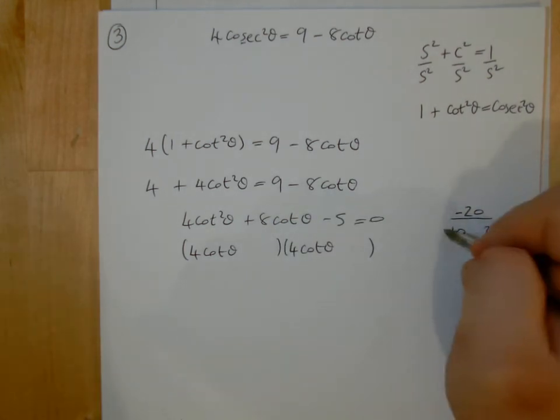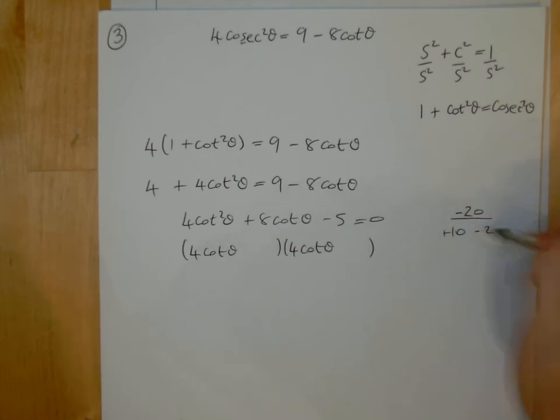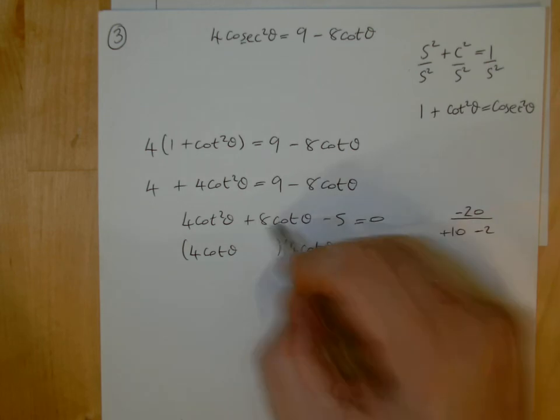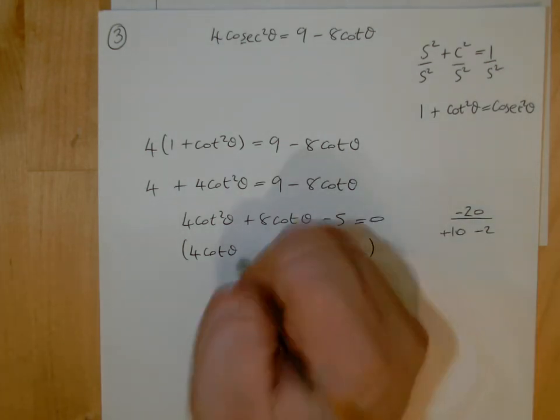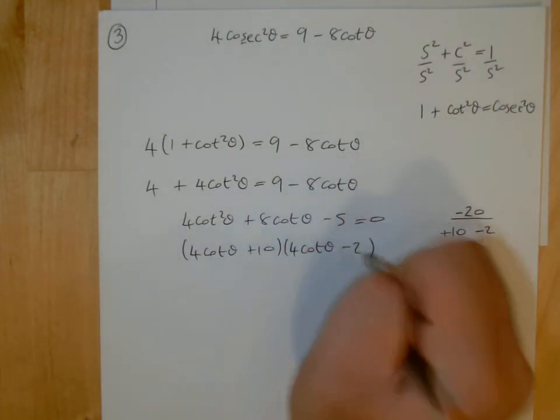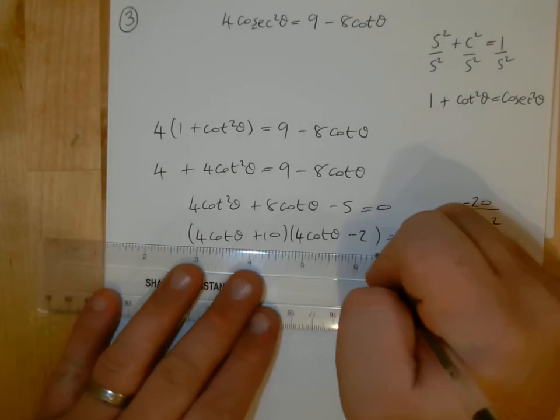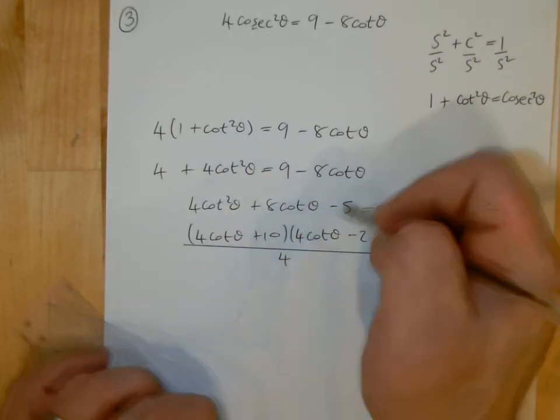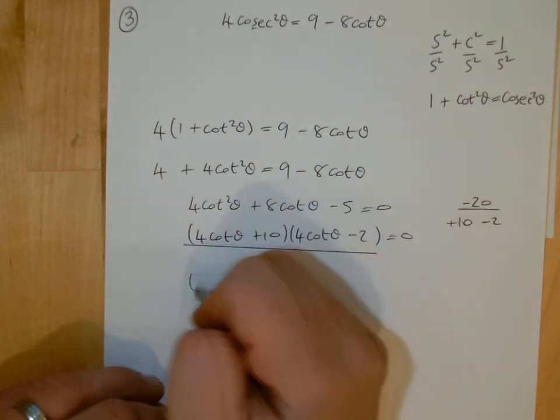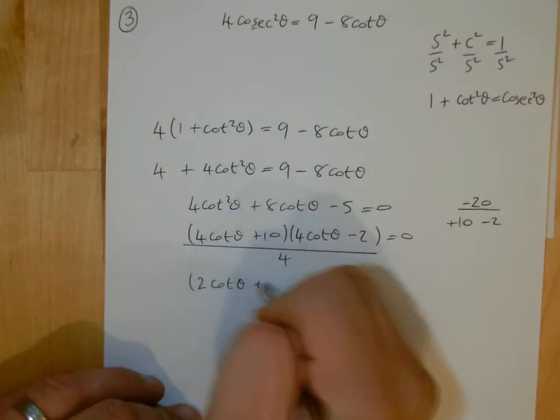And if we make that positive 10 and negative 2, that will multiply to give minus 20 and add up to give plus 8. So plus 10 minus 2. Don't forget then to divide by 4. So in this case, the first bracket you can divide by 2, so you get 2 cot theta plus 5.